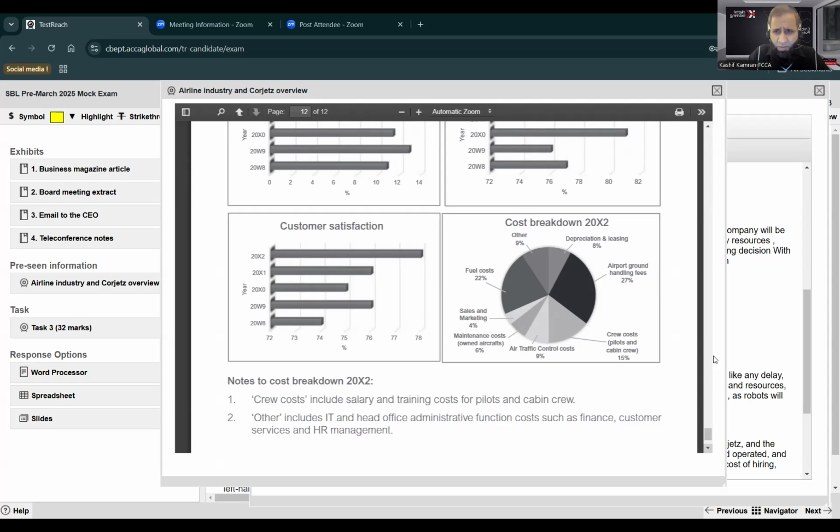See, airport ground handling fees is almost like 27% of your cost. So you can bring a lot of efficiencies to your airport ground handling, like this check of the aircraft before flying in. You can save a lot of your cost, which is given in this pie chart over here.